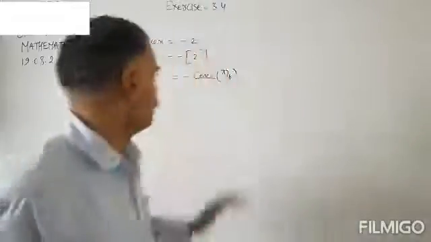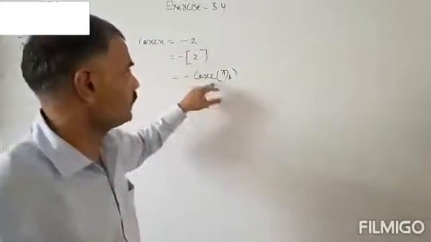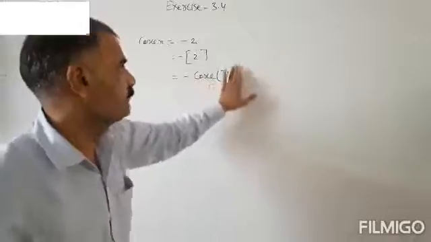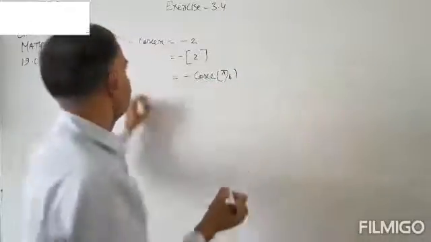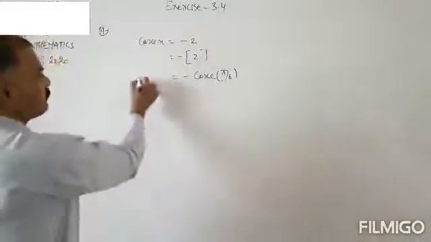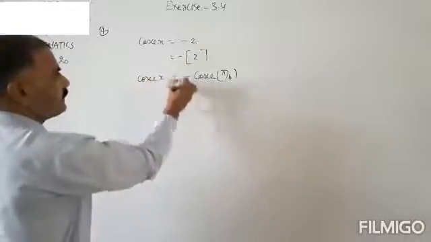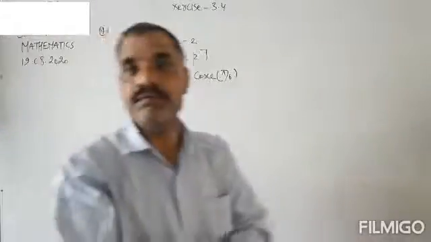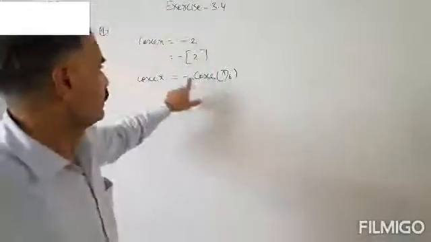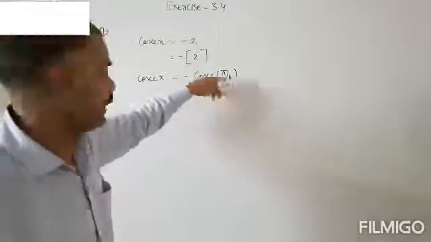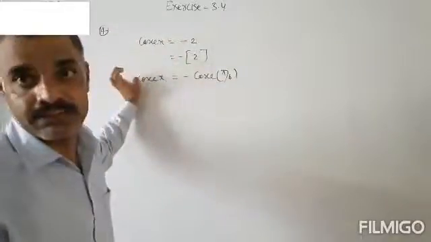So this is equal to minus cosec pi by 6. Cosec x is equal to minus cosec pi by 6. Now this is minus cosec x and this one is plus cosec x.